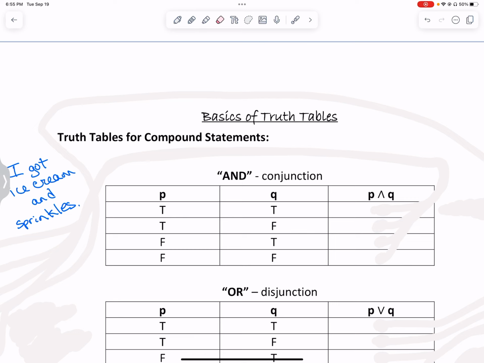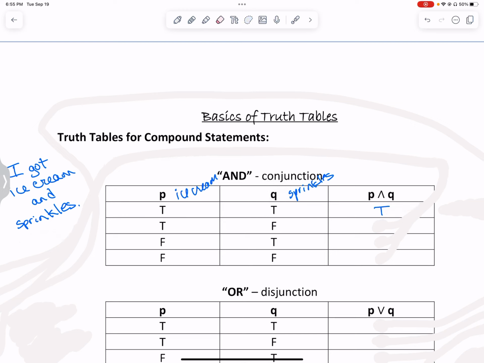P is ice cream, and Q is sprinkles. If I did get ice cream and I did get sprinkles, then the statement I got ice cream and sprinkles would be true because I got both of them.